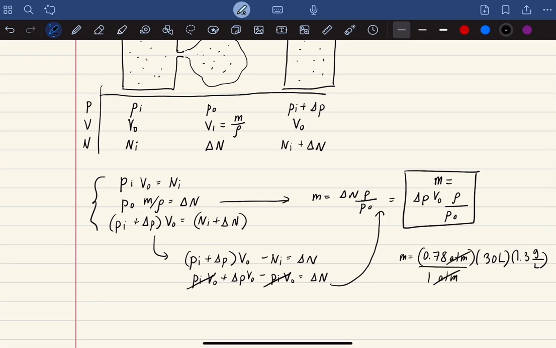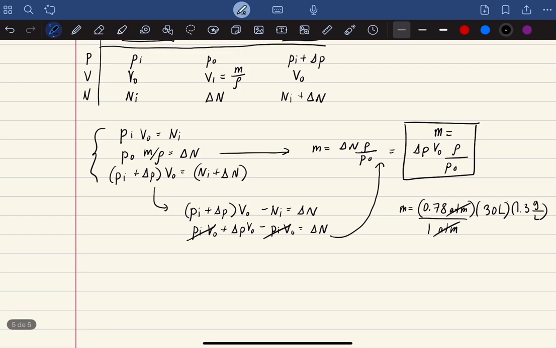The atmospheres cancel out and the liters cancel out. Putting this in a calculator, it's 30.42 grams. In the book, they just have it as 30 grams.